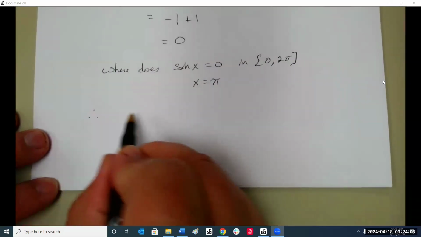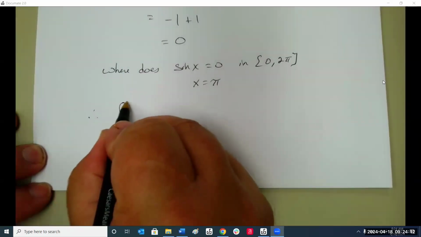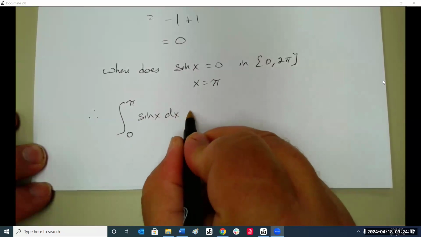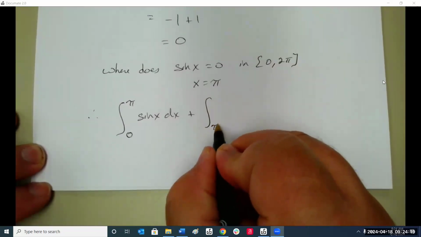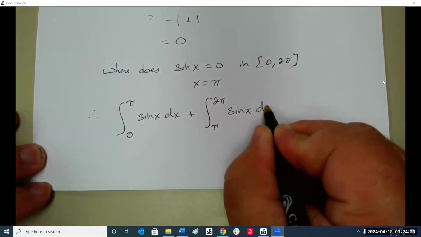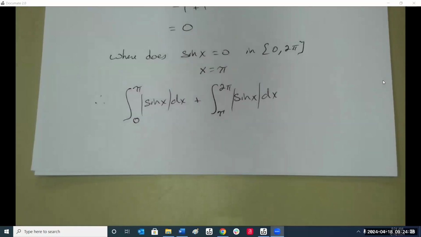So that means we've got to now take our function from 0 to pi, and then we have to add that to pi to 2 pi. And we'll just take the absolute value of both. We don't have to worry about negative signs.